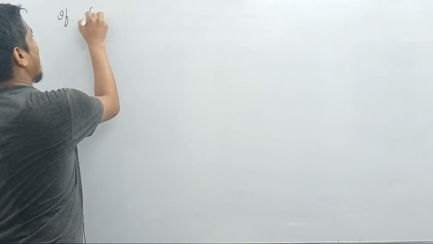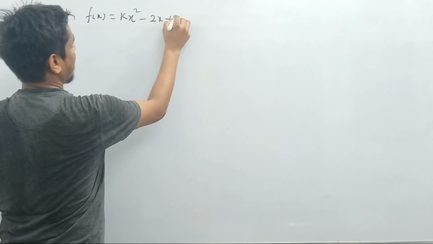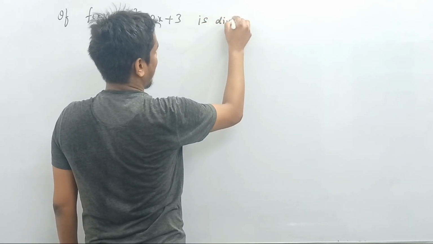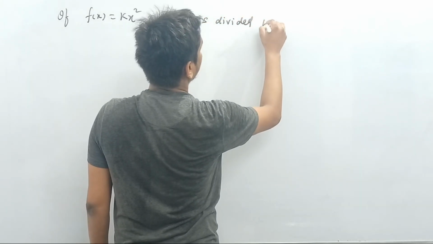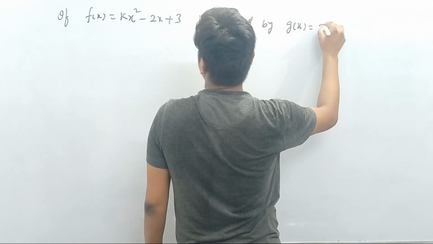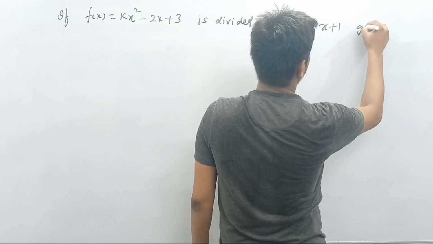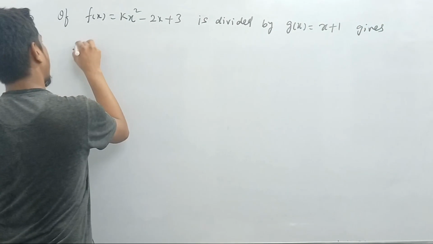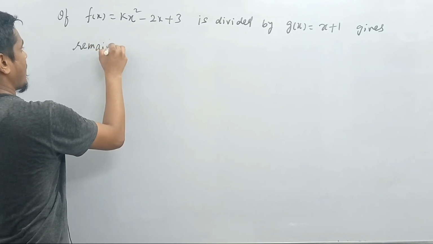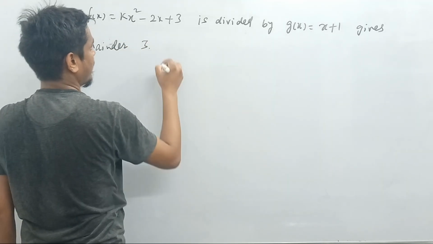If f(x) is equal to k times x square minus 2x plus 3 is divided by g(x) equal to x plus 1, it gives remainder 3.